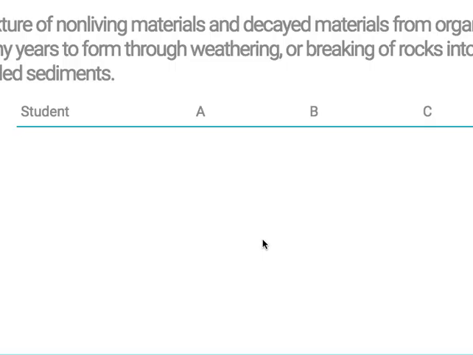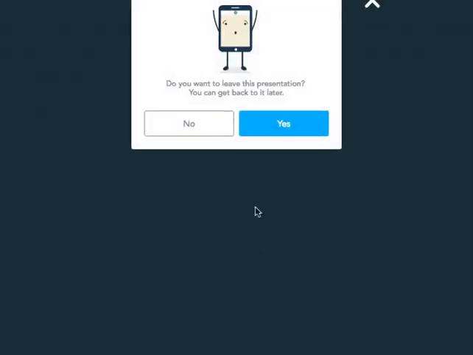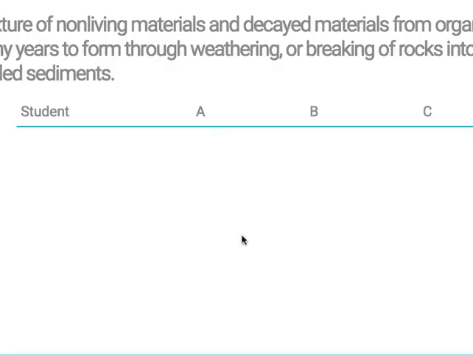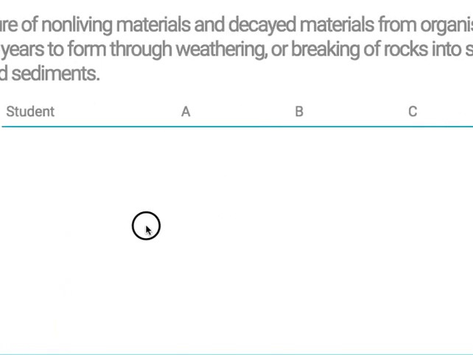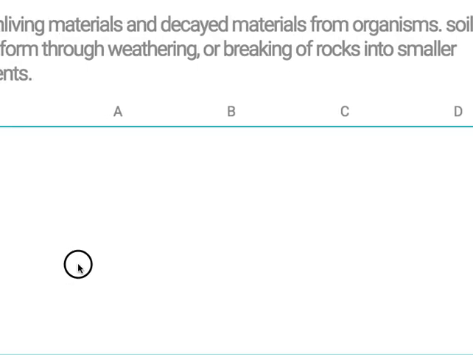Your answer for the soil question should have been A, subsoil. Subsoil is a mixture of non-living materials and decayed materials from organisms.